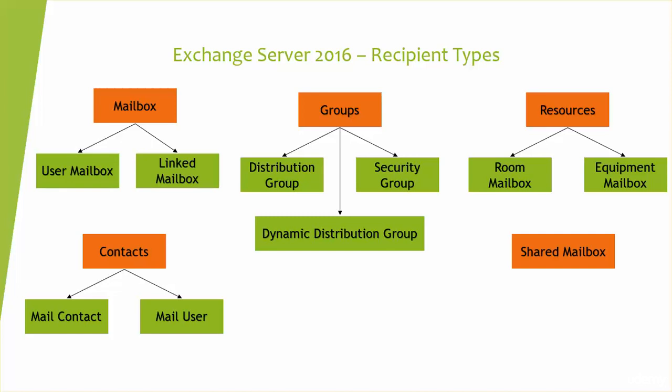So what you can do in here is create a dynamic distribution group and then define filters and conditions saying that anyone who has the department name as legal is added to this distribution group. So dynamic distribution group is adding members automatically based on conditions and filters that you define.